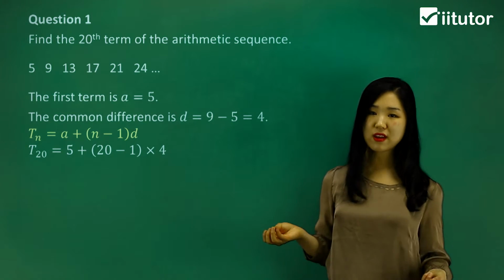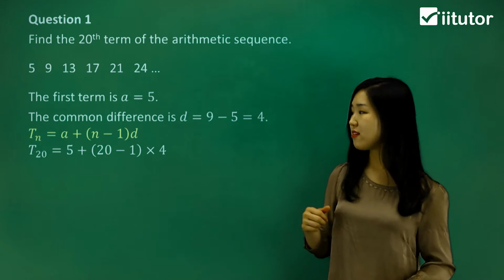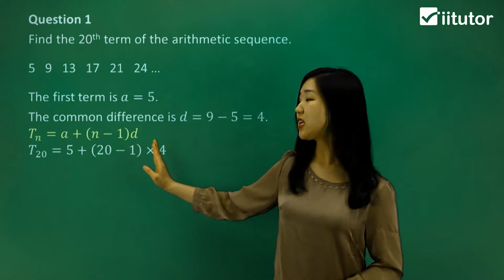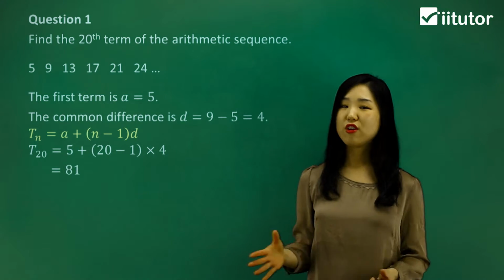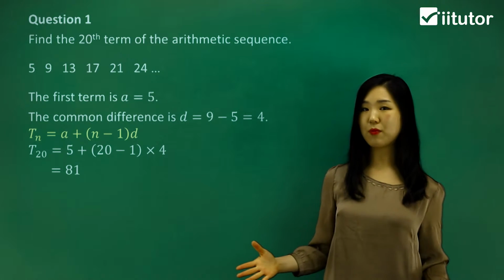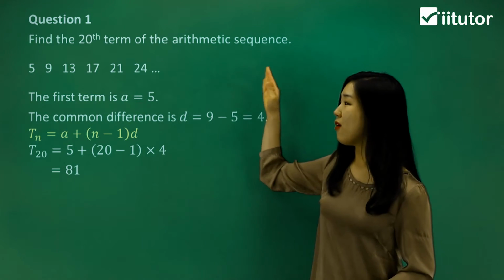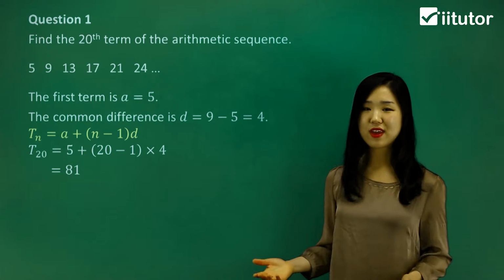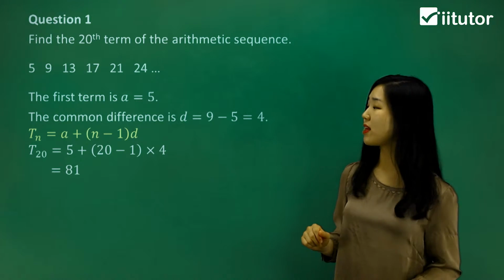So you just put the right numbers into the right values, and then just simplify it. 20 minus 1 is 19. 19 times 4, and then you add the 5, you should get a number of 81. So that would be our 20th term. And if you add 4 that many times, you'd get to 81, but the simple formula will get us to it really quickly. So that's the 20th term.